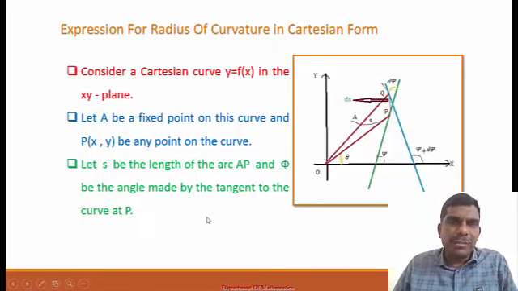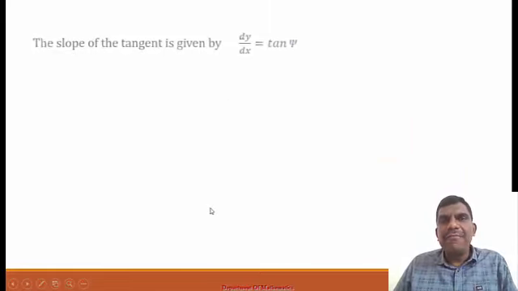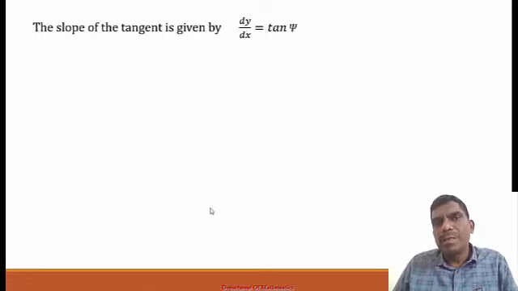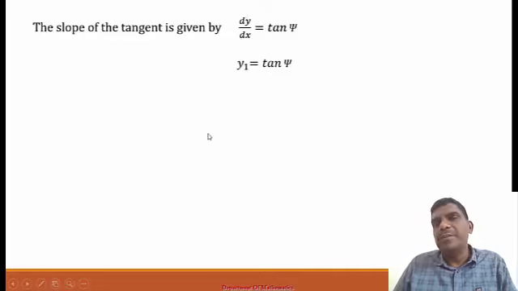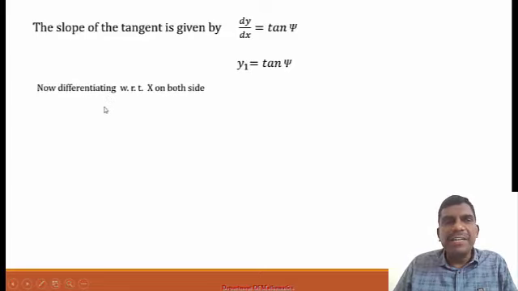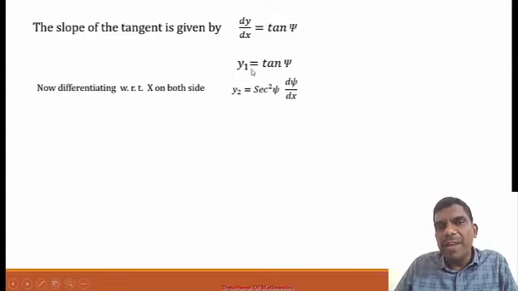To derive this, we have the slope of the tangent given by dy by dx, which is equal to tan psi, because psi is the tangent angle. This dy by dx can also be written as y1, so y1 is equal to tan psi. Similarly, if I differentiate on both sides with respect to x, then y1 becomes the second order derivative y2.